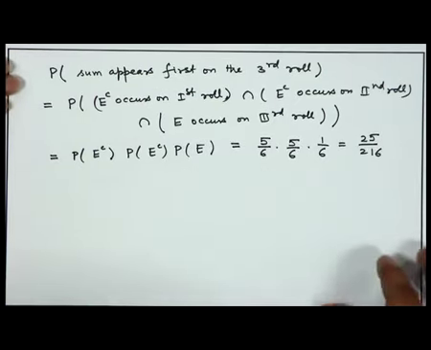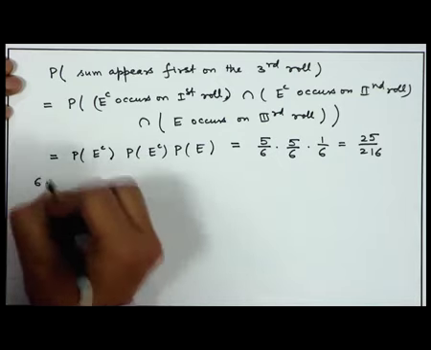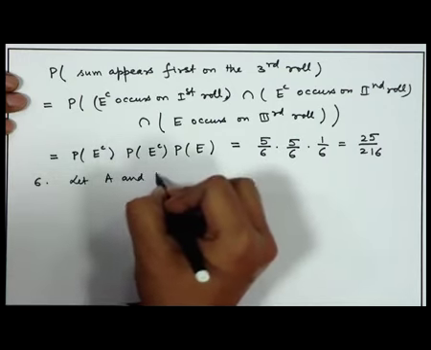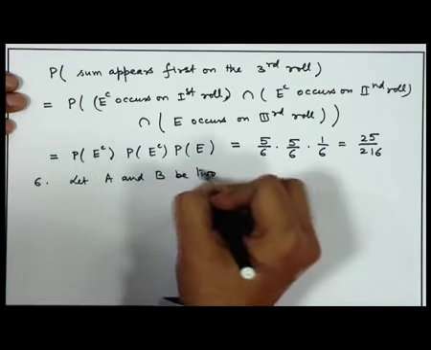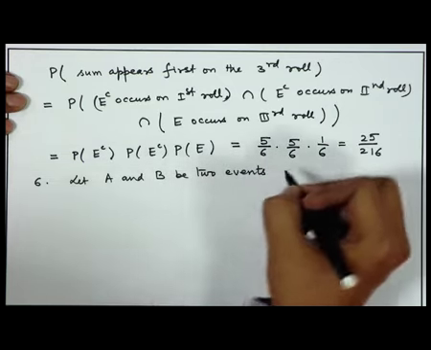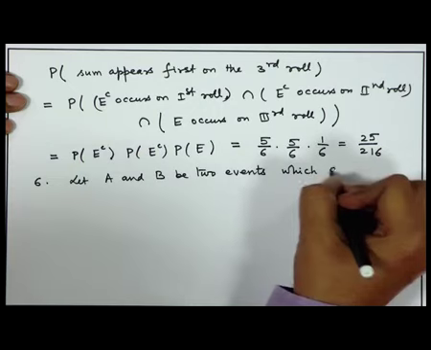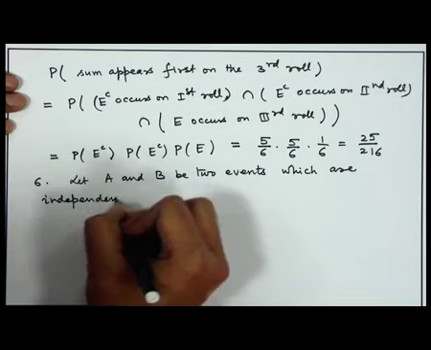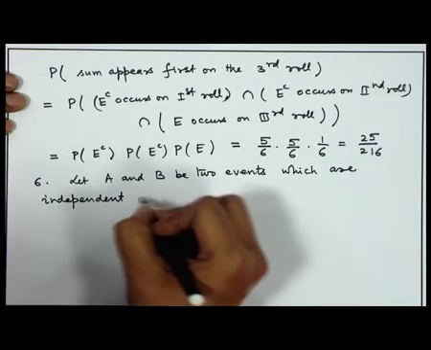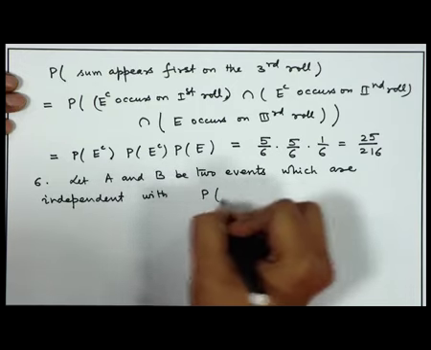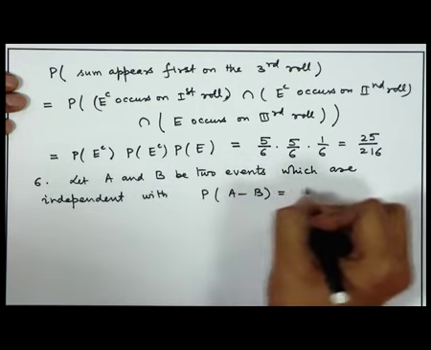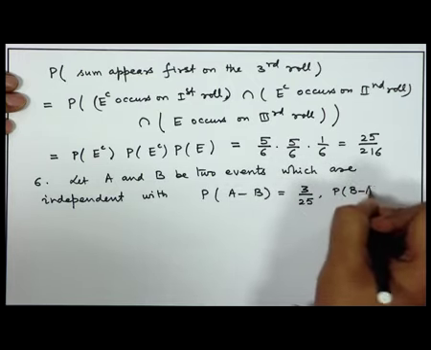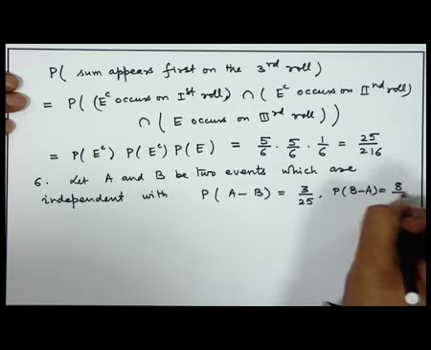Let us look at some further applications of these rules of probability. So, let A and B be two events which are independent, with, say, probability of A minus B equal to 3 by 25 and probability of B minus A equal to 8 by 25.